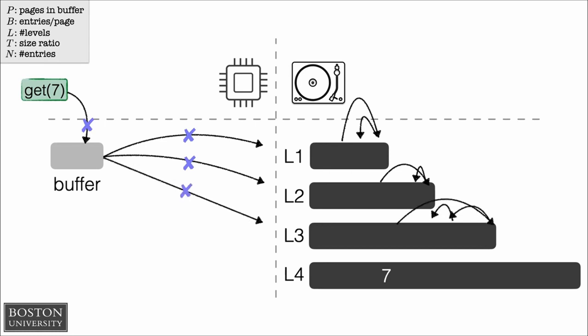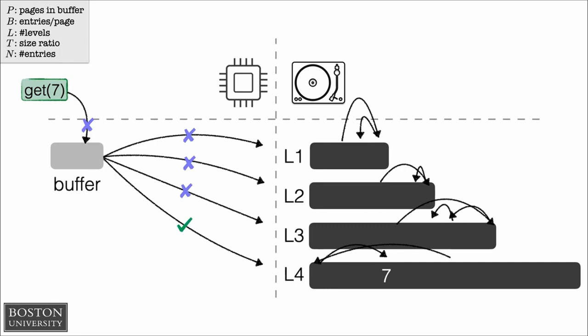And we'll do this even if the value we're looking for is not in a level, because we don't know which levels might contain 7, as long as the minimum and the maximum of every level contain 7. All right. So eventually here we're going to go to all 3 levels. We're going to find nothing, and when we go to level 4, our binary search will actually get us the key that we're looking for.